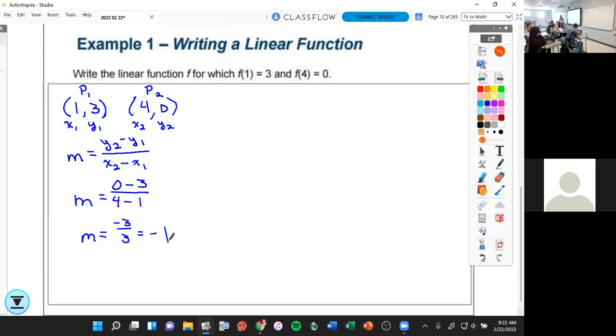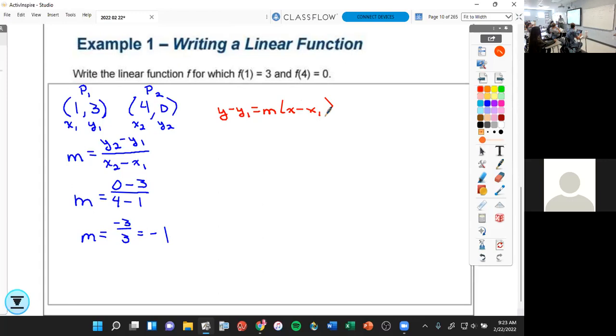Okay. Which point do I use? Does not matter. Even though the equation says y minus y1 equals m times x minus x1, I can change my mind. I've already called this point x1 and y1. But if I want, I can change my mind and use this one. Okay. It doesn't matter.